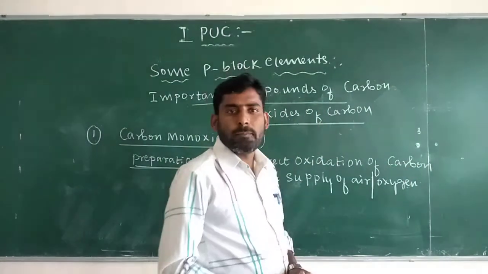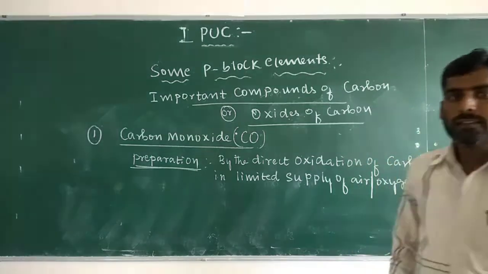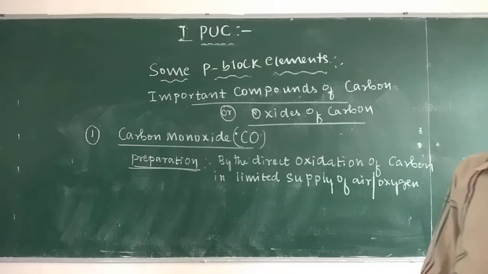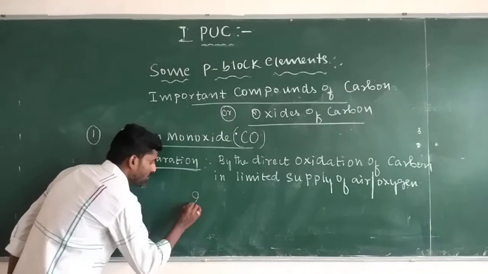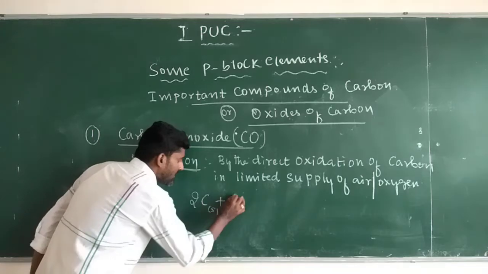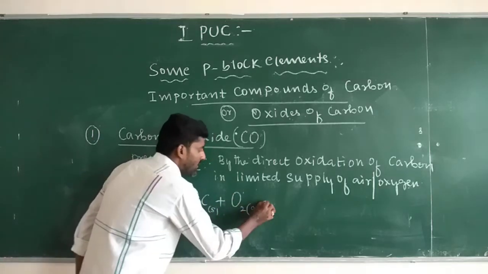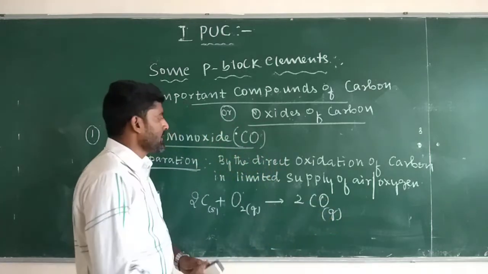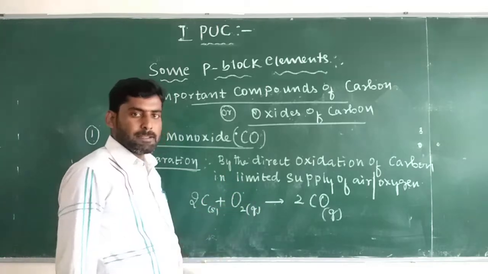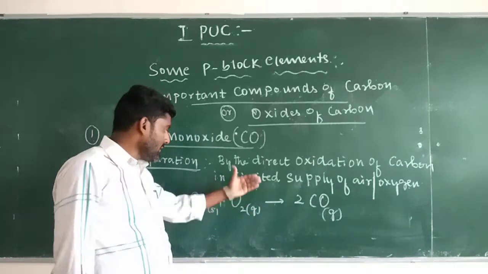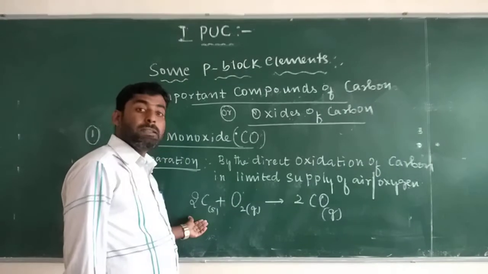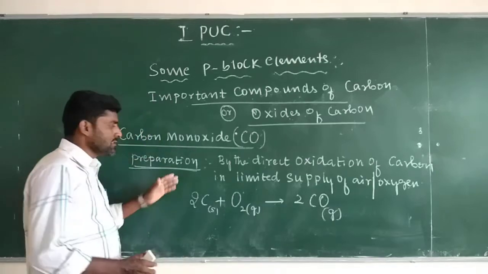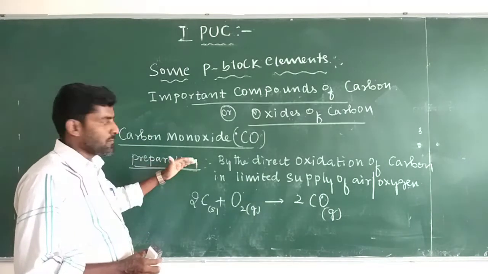So in the limited supply of oxygen or air, carbon directly oxidizes to form carbon monoxide. That is 2C plus O2 to form 2CO. That is, in the limited supply of oxygen, carbon undergoes incomplete combustion to form carbon monoxide. So this is the preparation of carbon monoxide.